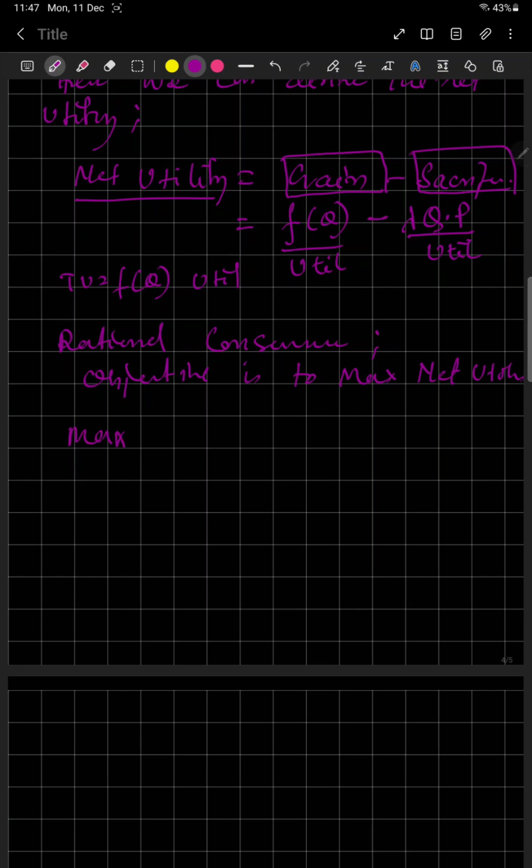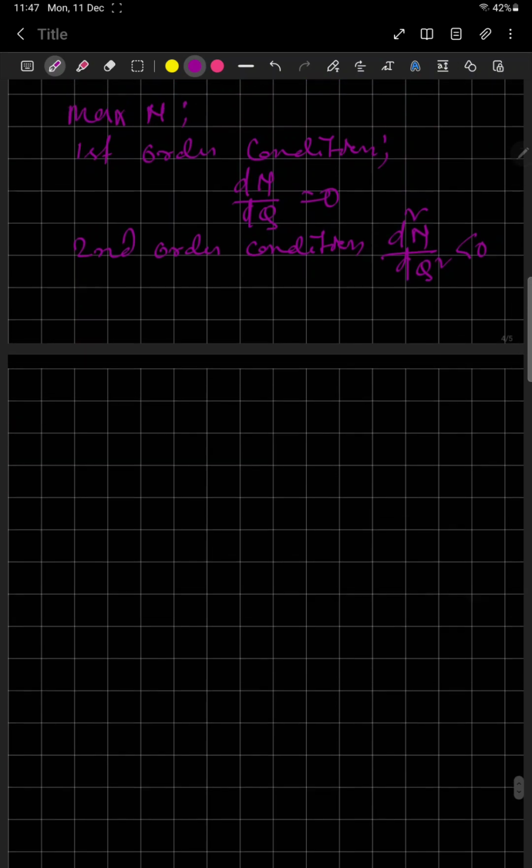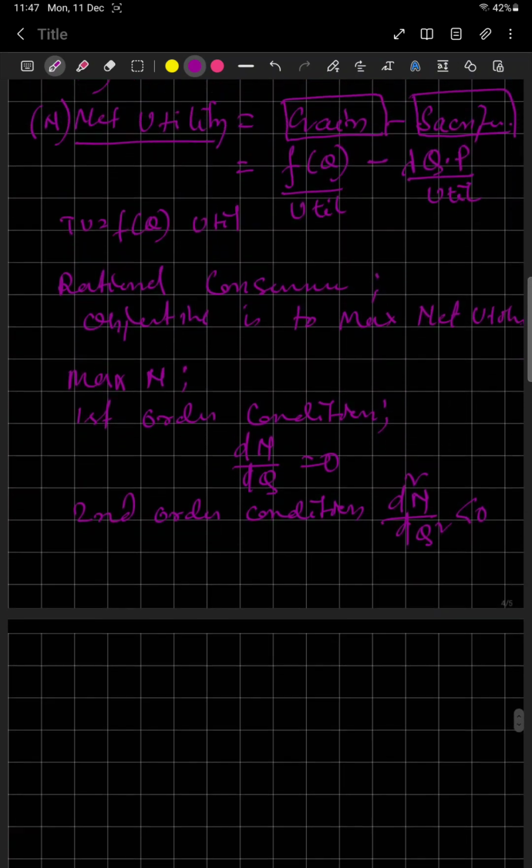If you maximize the net utility N, what will be the first order condition? dN by dq will be 0, and the second order condition is d square N by dq square is less than 0. Now let us do the derivation.